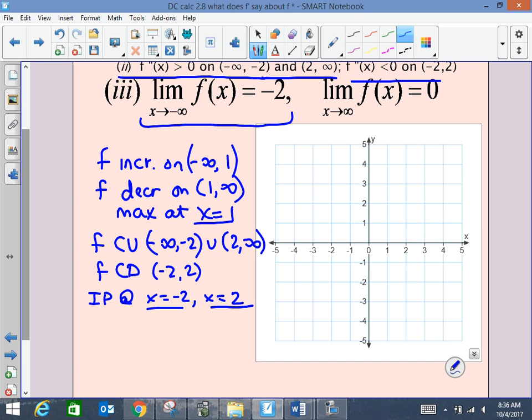Go, Karina. Yeah. Horizontal asymptote at the negative end at -2. So I'm going to go ahead and draw that in here. Okay, and this is an unusual function because at the other end, we have a different horizontal asymptote of y equals 0. It's a piecewise, clearly.